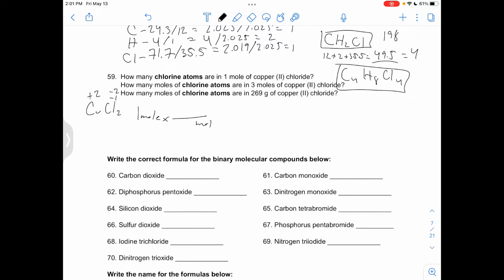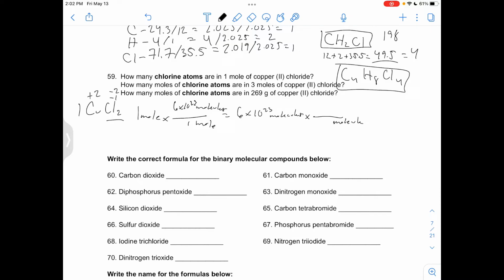So 1 mole, we want to cancel out moles, and we want molecules. So use Avogadro's number. That turns out to be 6 times 10 to the 23rd molecules. Of course, we don't want molecules. So in every molecule, we have to ask ourselves how many chlorine atoms.